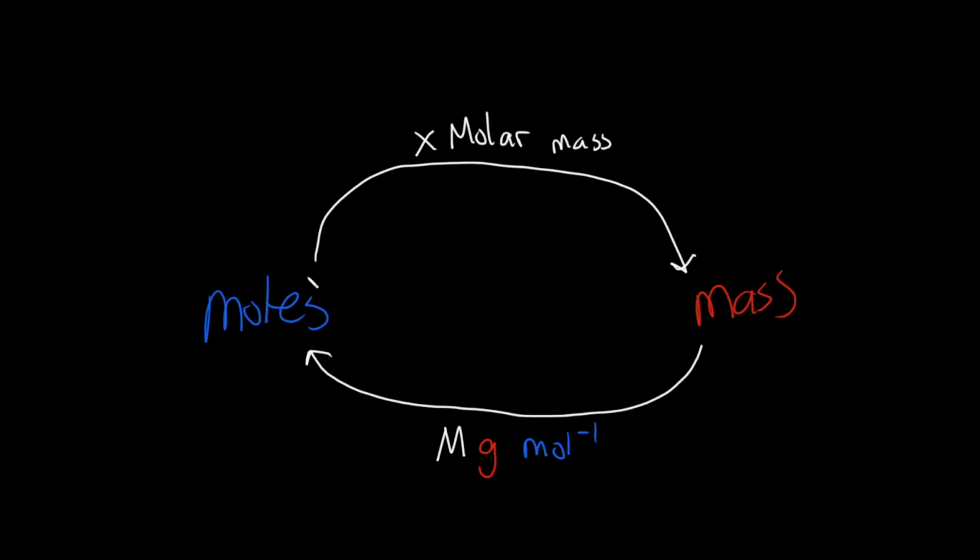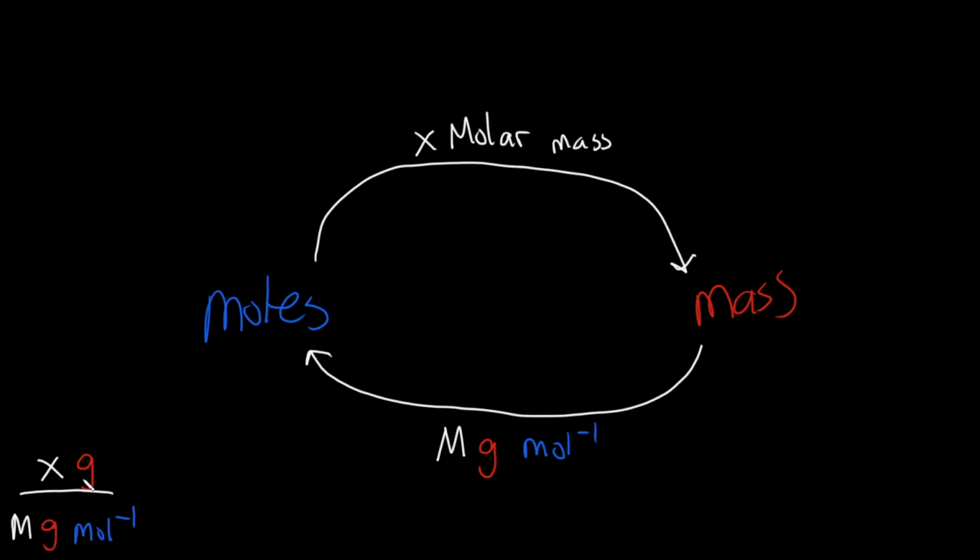If this is the case to go from moles to mass, the opposite must be the case to go from mass to moles. So let's confirm this. Let's say we have X grams of something and we want to convert this into moles. So let's divide by molar mass and see what happens.